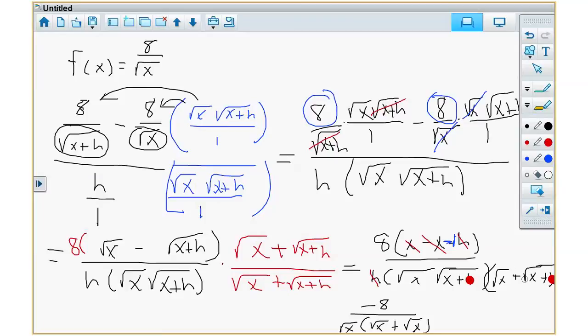Oh, 2 square root of x is where? In the front there. Oh, right here. This is 2 square root of x. x plus x is 2 square root of x, right? Is that what you're talking about? No, in the front, yeah. So it'll be square root of x times square root of x times square root of x. Okay, right here, square root of x. Okay, sorry. And that's going to be negative 4 over x square root of x. That should be your answer.